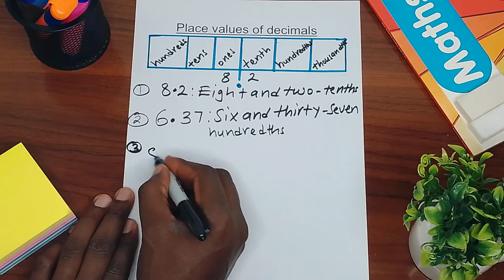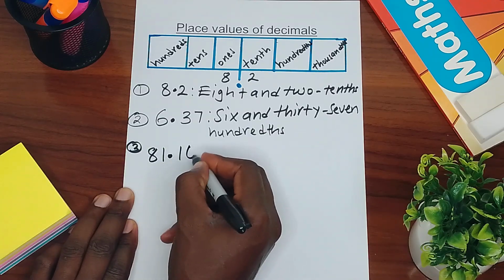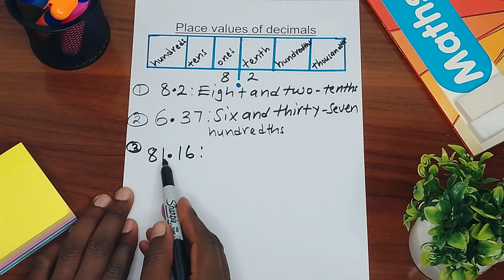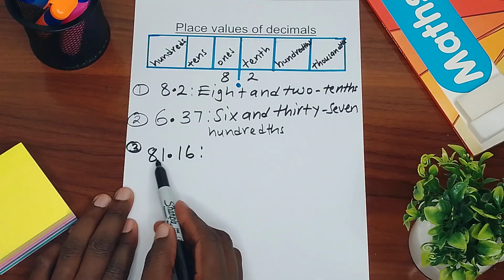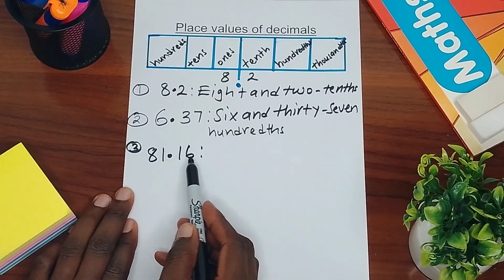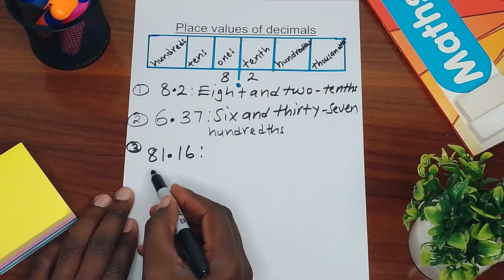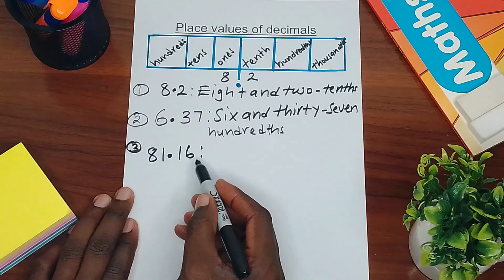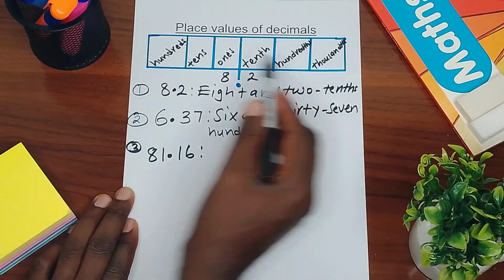We have 81.16. In the normal reading, we say 81.16, but when we are writing them as words, in the word form, we say 81 and 16 hundredths, because now the 1 is in tenths and the 6 is in hundredths.